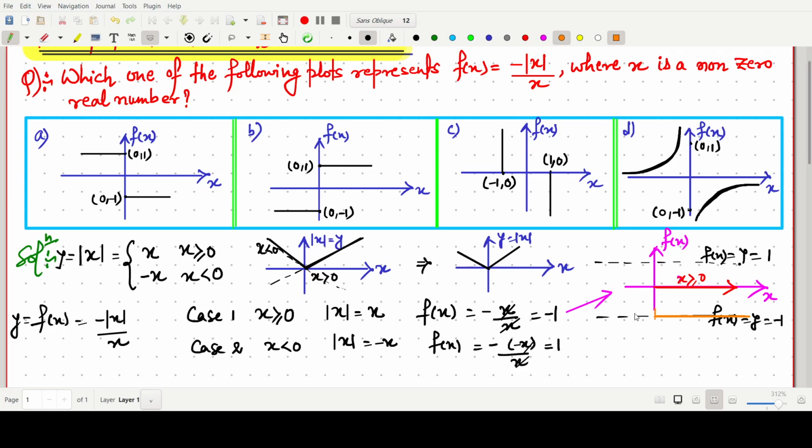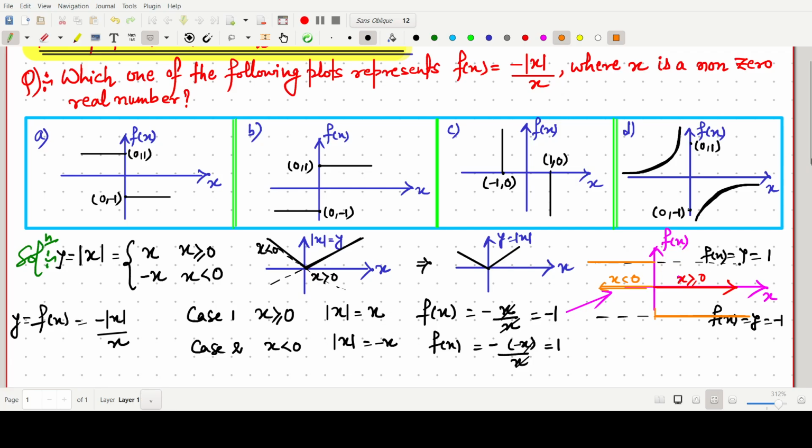For x less than 0, the negative side, the graph will be at the plus value, f(x) equals 1.